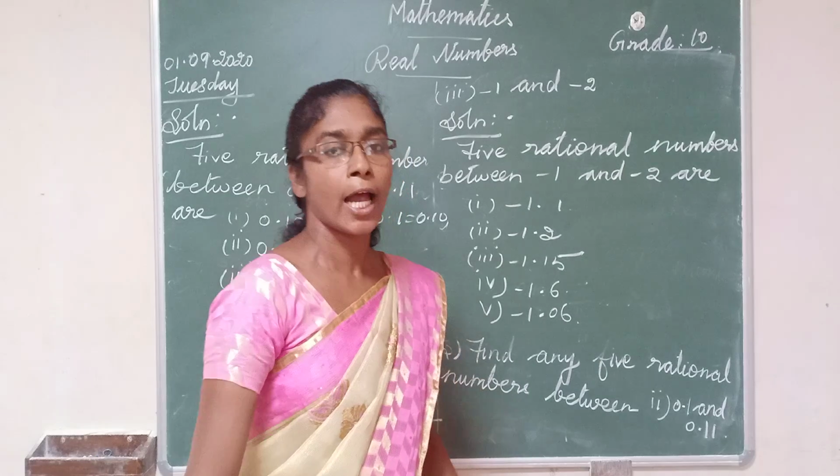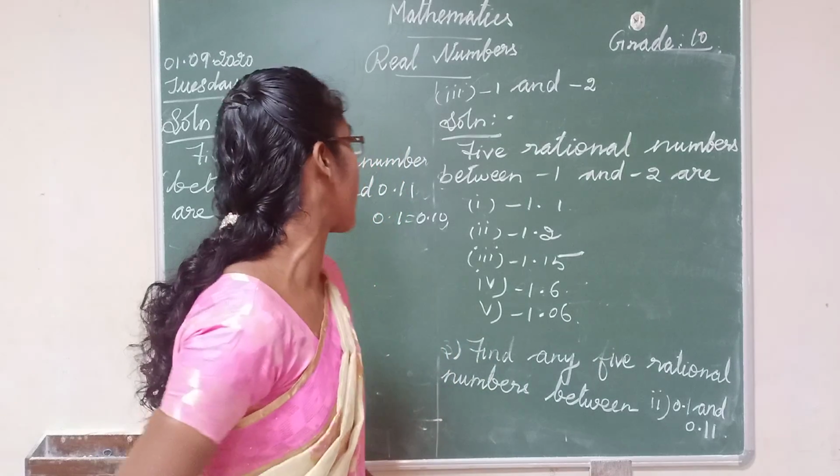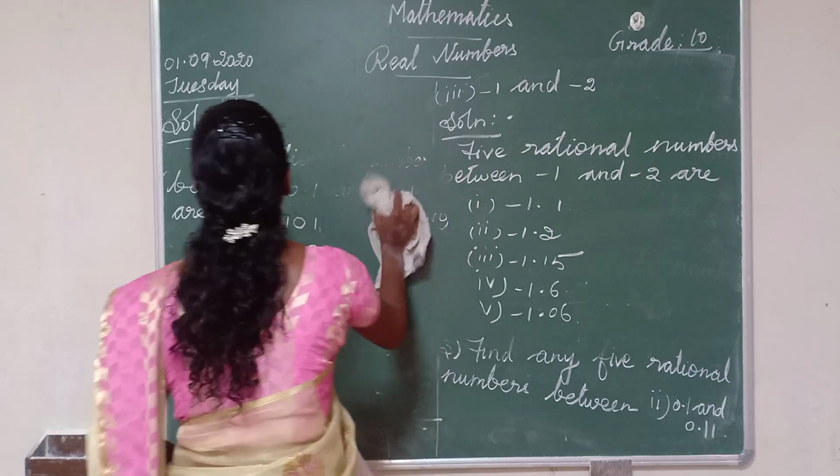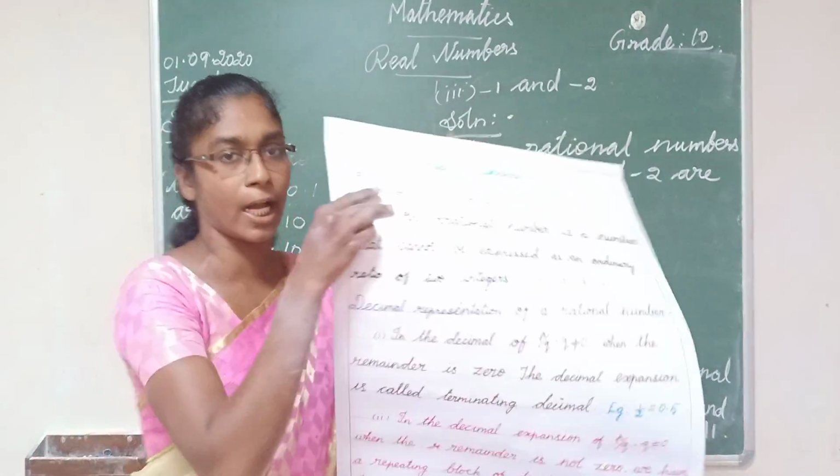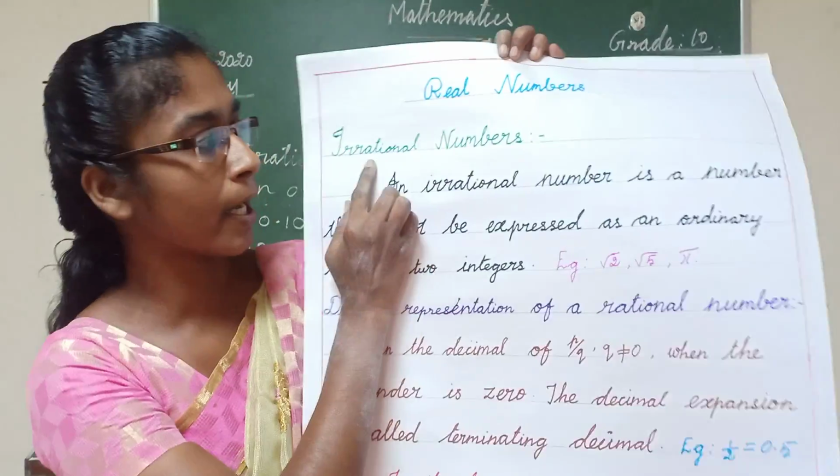Next, irrational numbers. First we have learned rational numbers. Next we are going to learn irrational numbers. What are irrational numbers? Just see here.